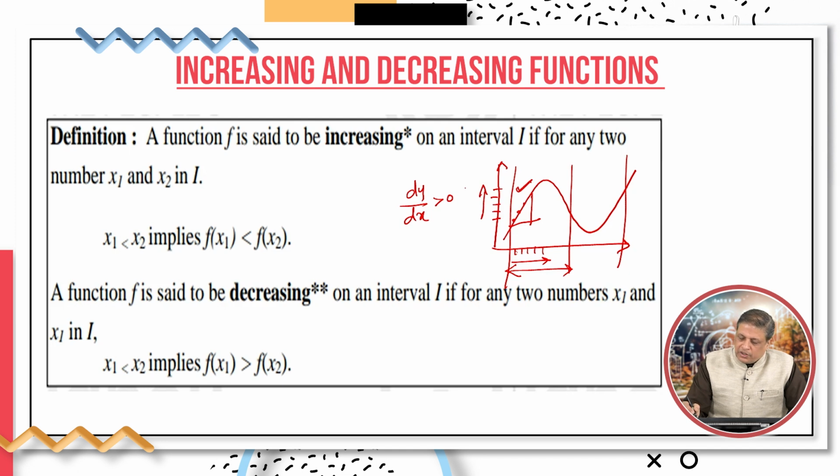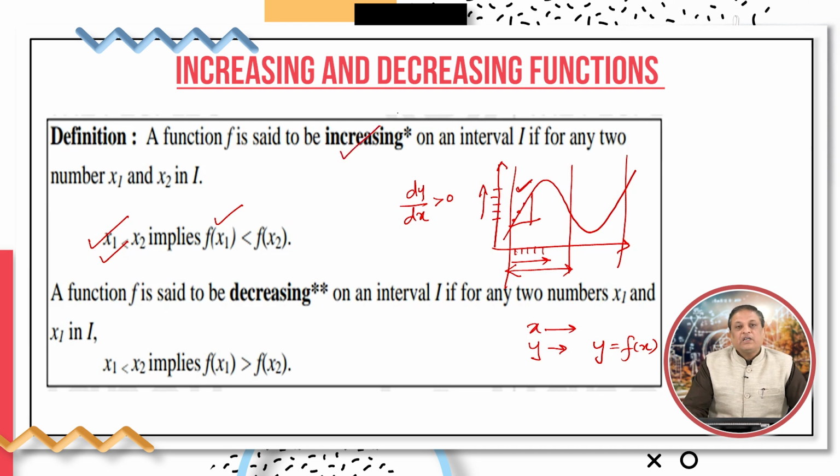As x is increasing, y is also increasing, and y is nothing but f(x). So, if x1 is less than x2, then f(x1) is also less than f(x2). That means the pattern followed is an increasing pattern.